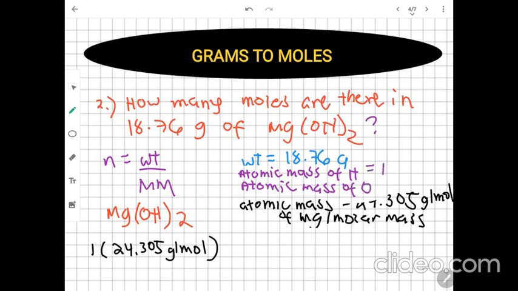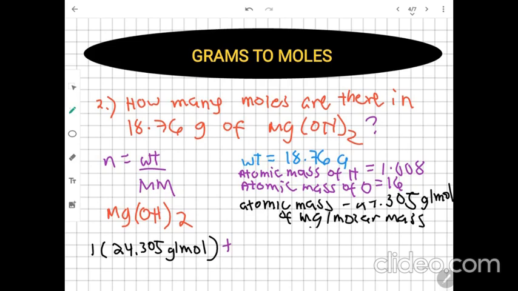For the hydrogen, we have 1.008, and for the oxygen, the value is 16. Now we can distribute this.